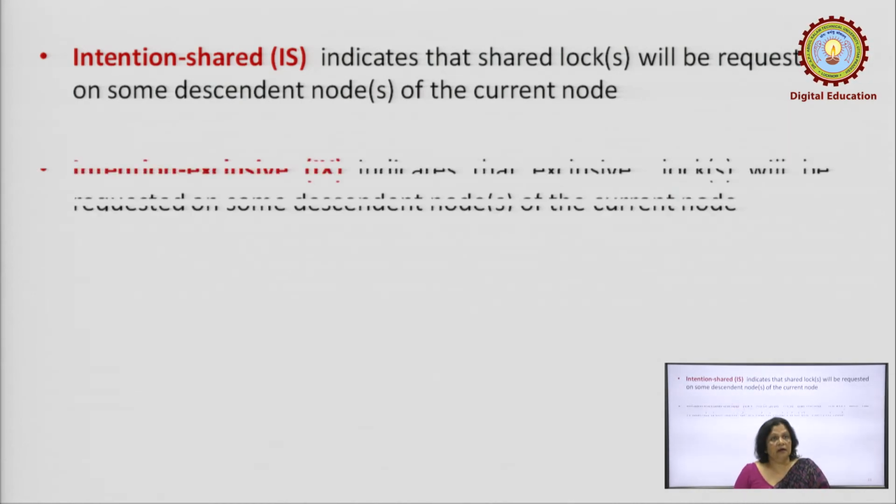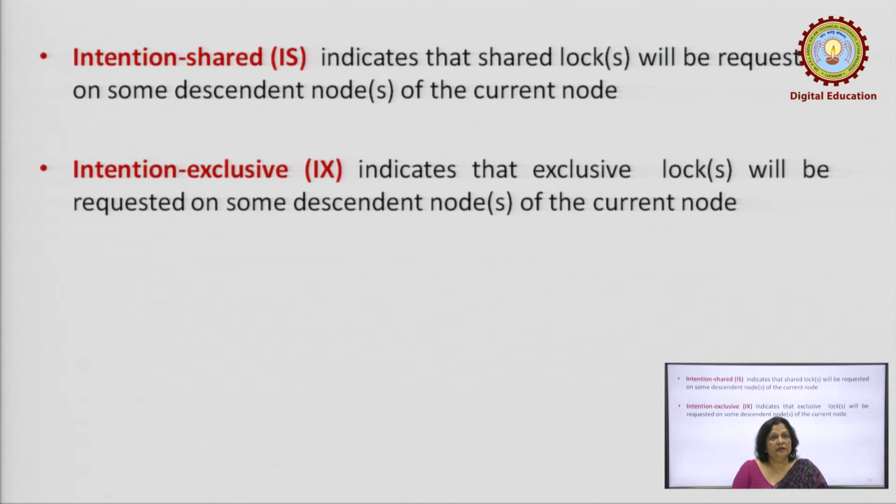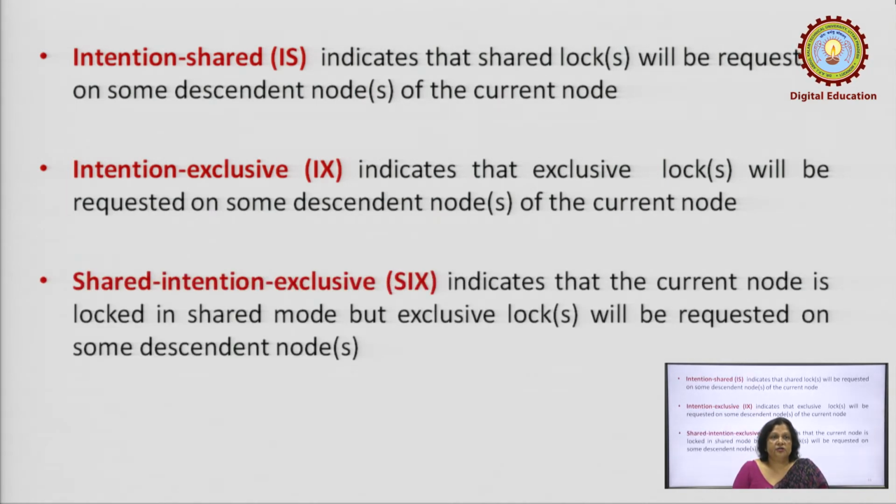An intention exclusive lock means that some exclusive lock will be requested on some descendant nodes of the current node, and the shared intention exclusive lock means that the current node is locked in the shared mode, but exclusive locks will be requested in some descendant nodes.